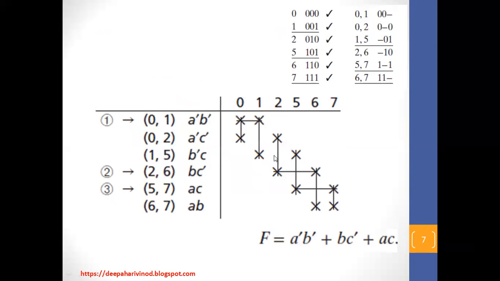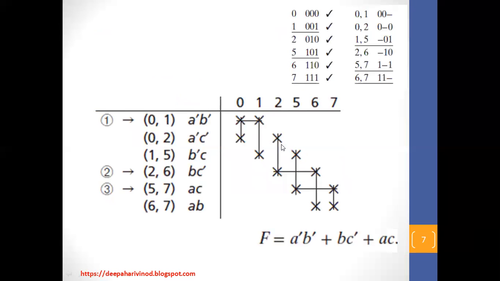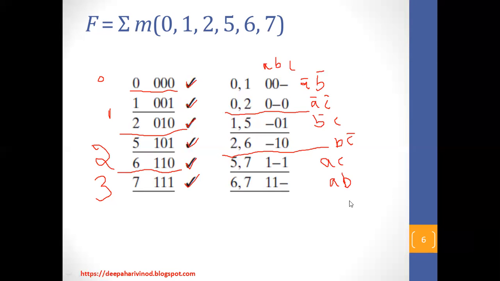Now to find the minimized form, we have to use a prime implicant chart. All these terms should come over here.